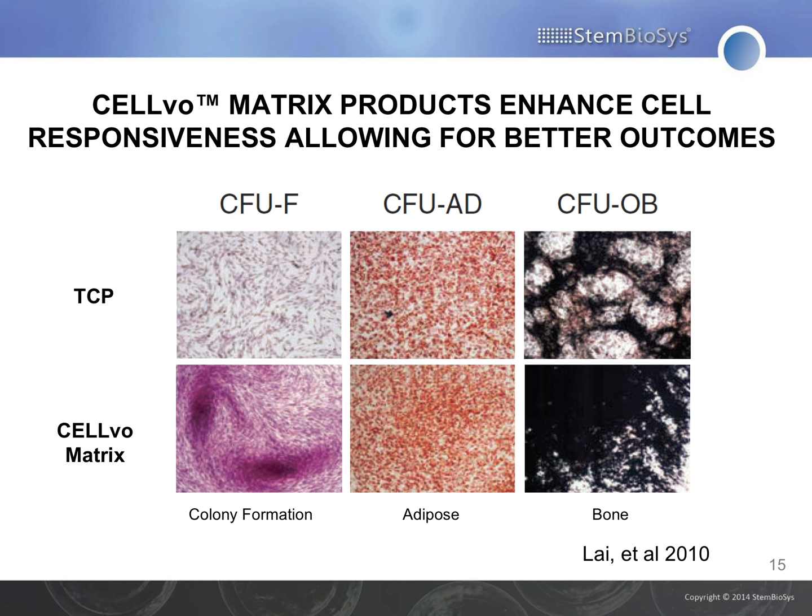Again, the comparison to tissue culture treated plastic in the CELLvo Matrix. We also see this as an index of responsiveness of the cells to growth factors. And there are publications from our scientific founder's lab specifically looking at bone morphogenetic protein. We see that cells that have been grown in this matrix are much more responsive to growth factors than they are when they're on plastic.